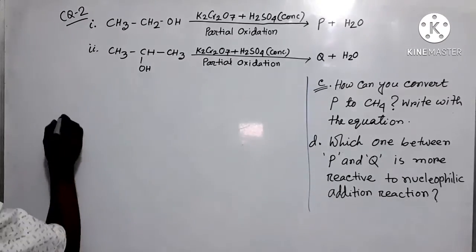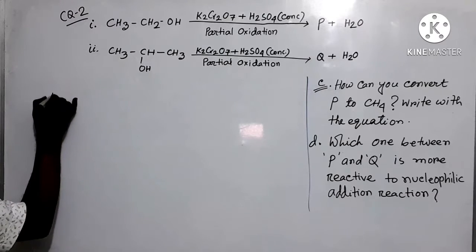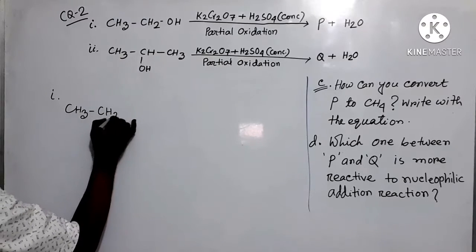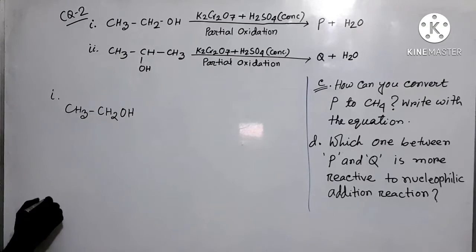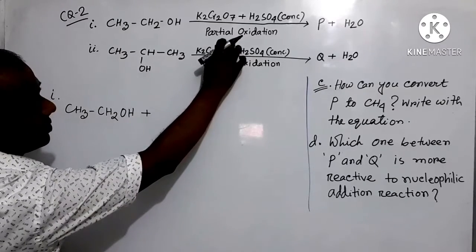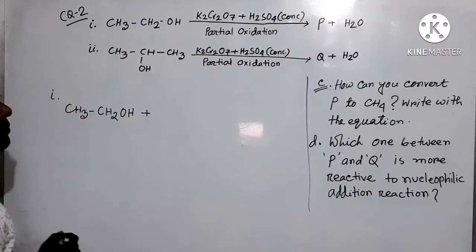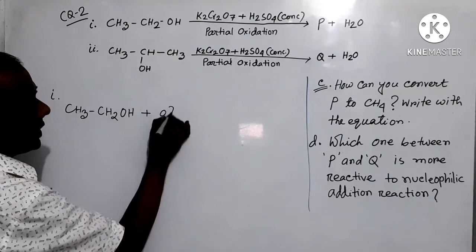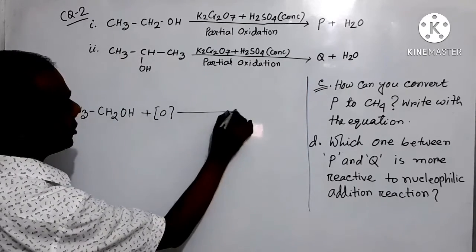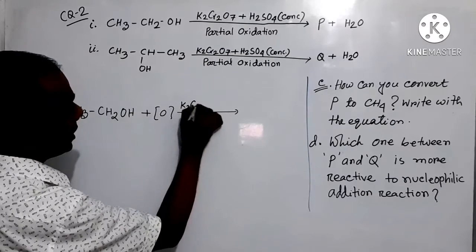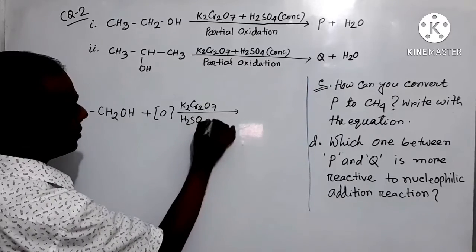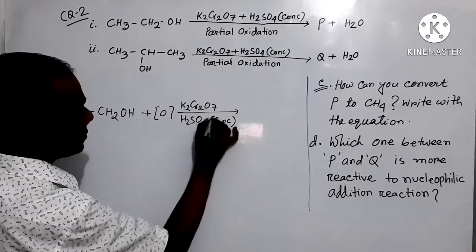If we see reaction 1, here CH3CH2OH is ethanol. Partial oxidation occurs, that means potassium dichromate, K2Cr2O7, plus concentrated sulfuric acid, H2SO4, gives nascent oxygen.